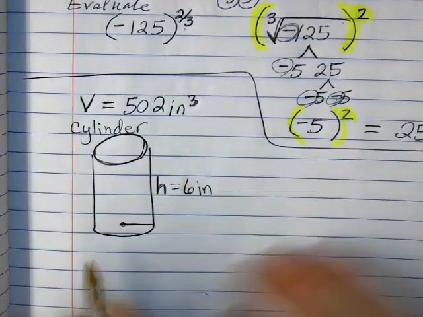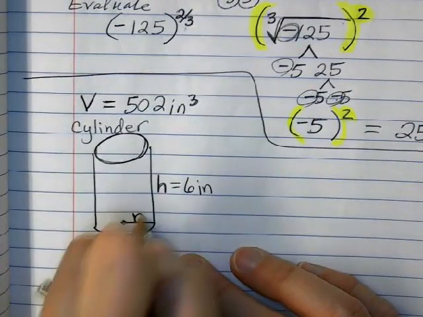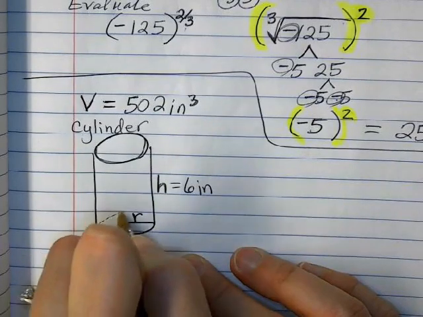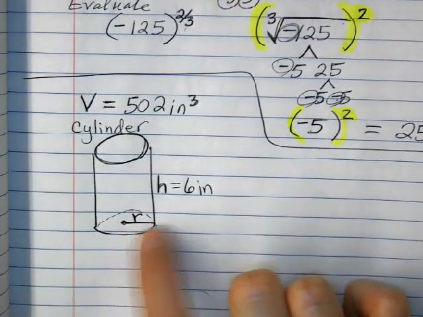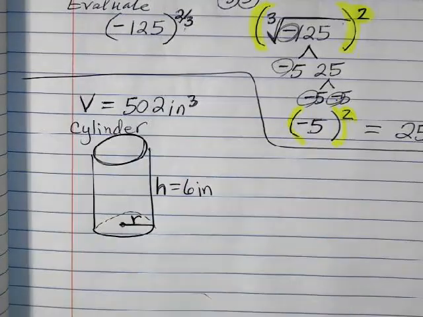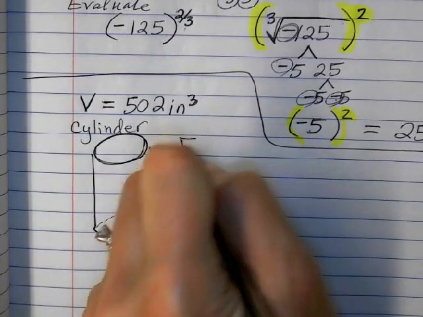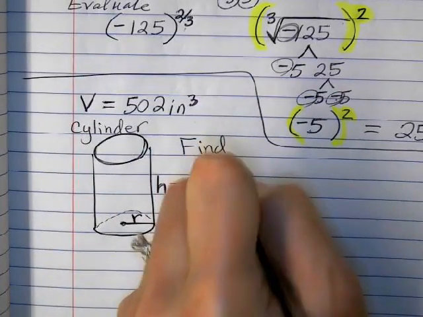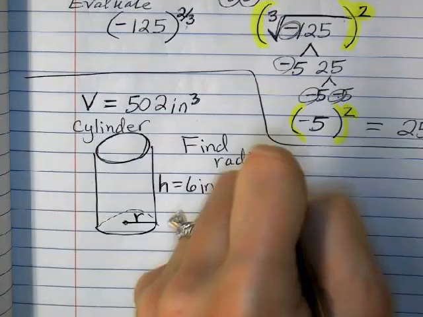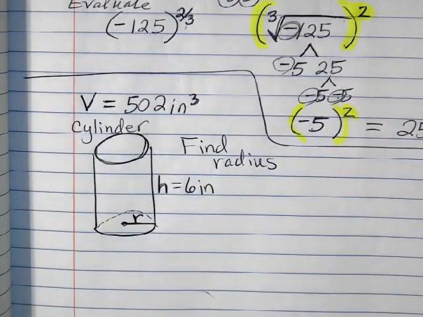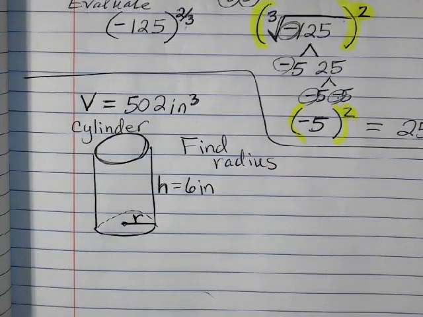And this is the radius, R. I'm going to tell you to find the radius if you're given the volume. So I drew you a picture of a cylinder, I gave you the volume and the height, and I want you to find the radius.